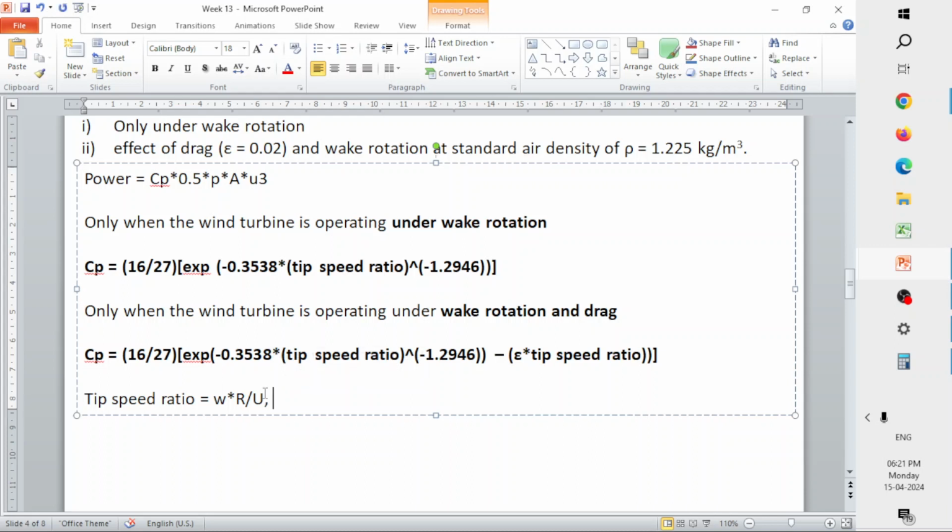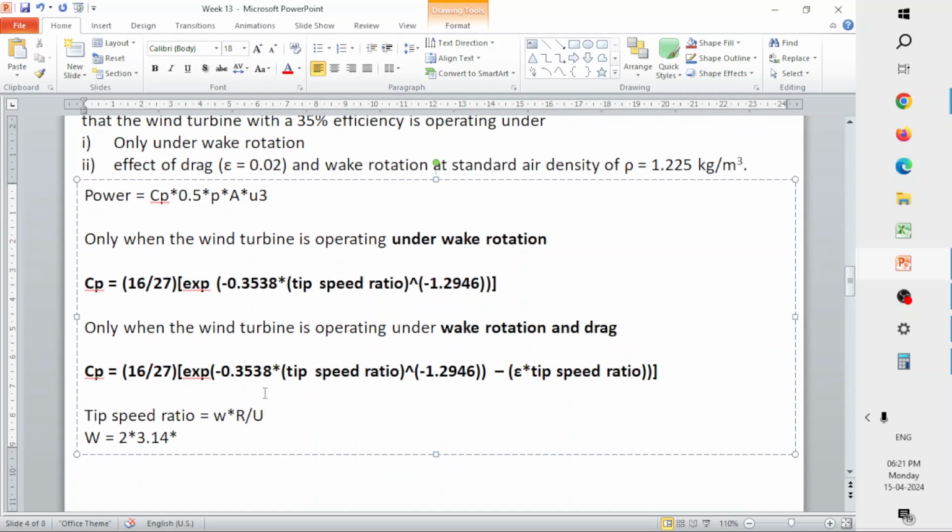Omega is nothing but two pi times the rotational speed, 40 divided by 60.